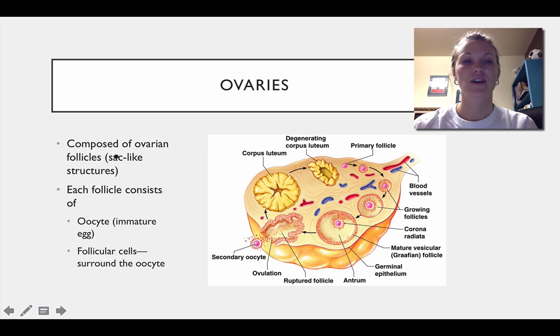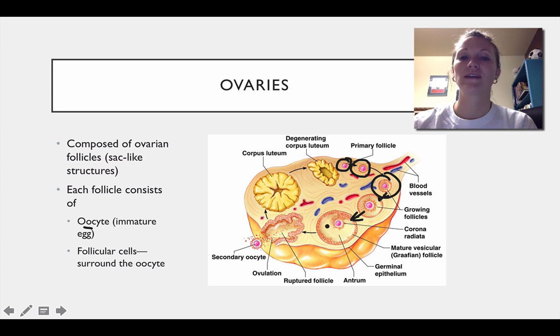The ovaries are composed of ovarian follicles. This is a diagram of an ovary here. The most important thing to know about an ovary is that you have primary follicles that look like this. These are the sites of the immature eggs, or oocytes.